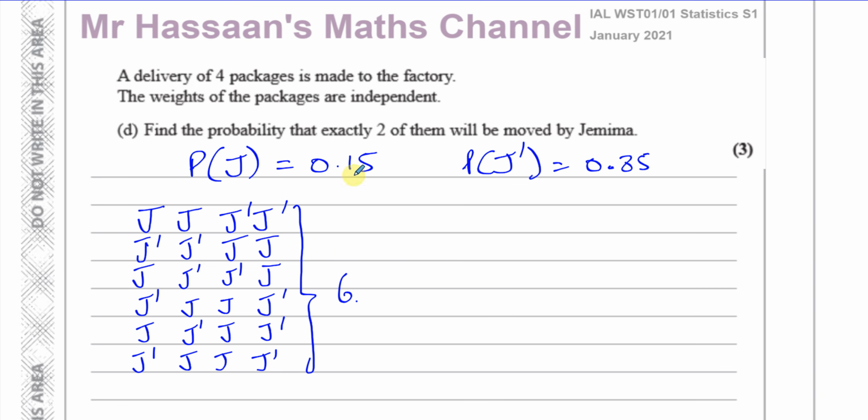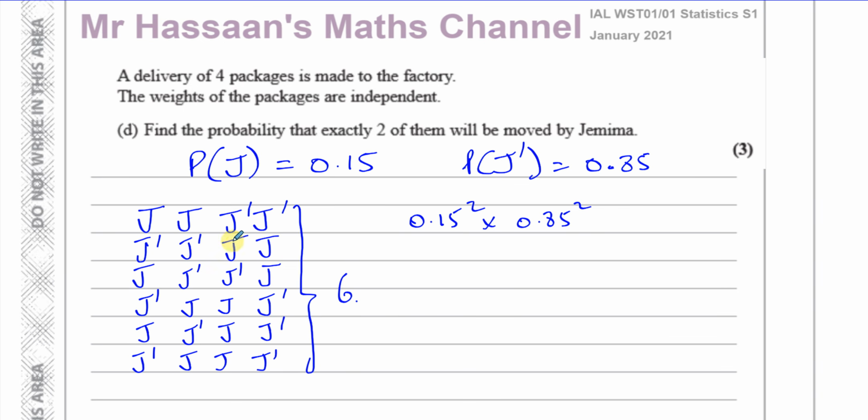So if we find the probability of one of those ways, for example, the first way, it's going to be 0.15 times 0.15 times 0.85 times 0.85. And all of these will have those same numbers in them. You'll have two 0.15s multiplied by each other and two 0.85s multiplied by each other in all of these.